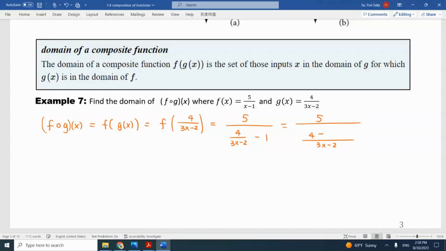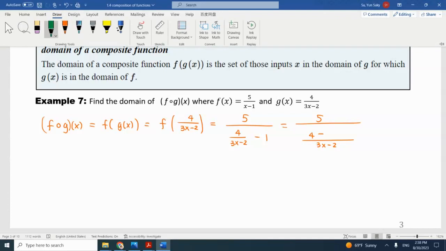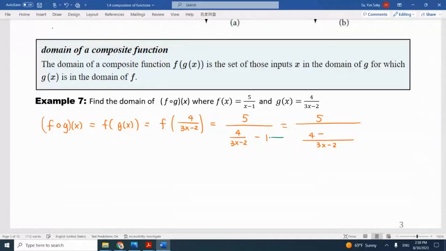So you have 4 here and minus, how do you get a common denominator? Yeah, multiply the top and bottom by the common denominator, right, everybody? So it's then minus 1 times that.